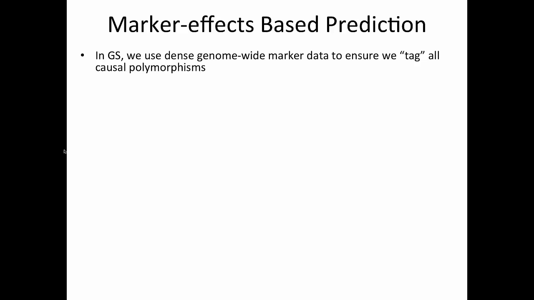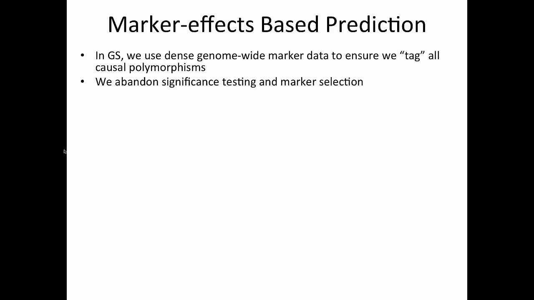So instead, we're going to genotype very densely across the genome and rely on the fact that if we're dense enough in our coverage, each causal polymorphism that we don't know is going to be tagged. That term tag means we're going to have at least one of our SNP markers in strong linkage disequilibrium with each of the causal polymorphisms.